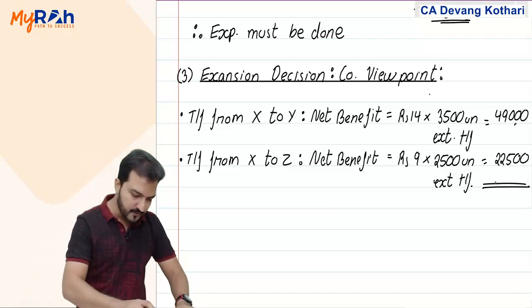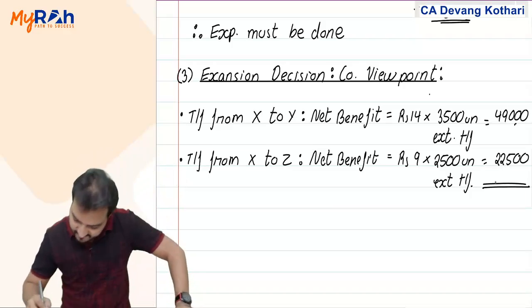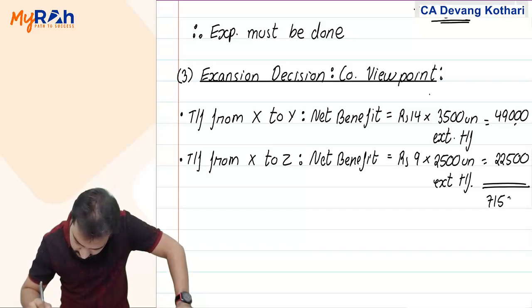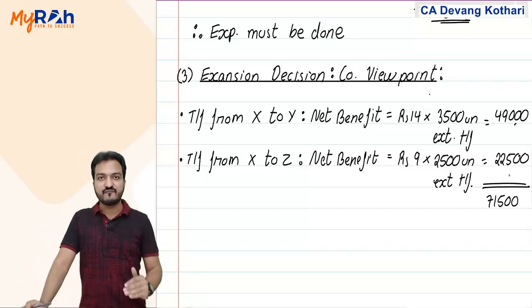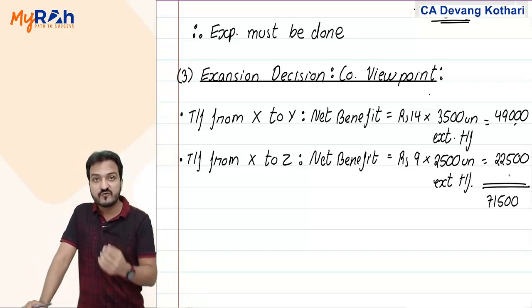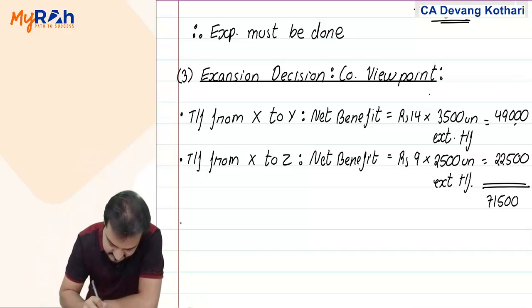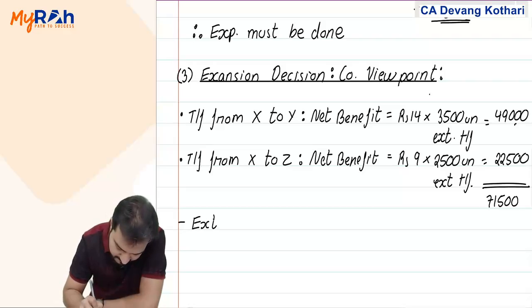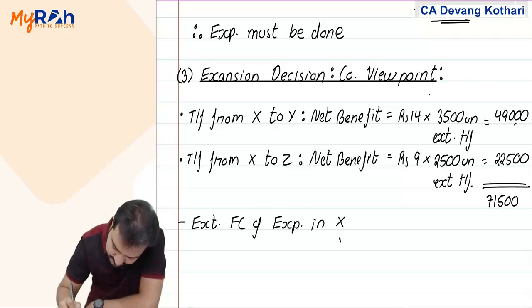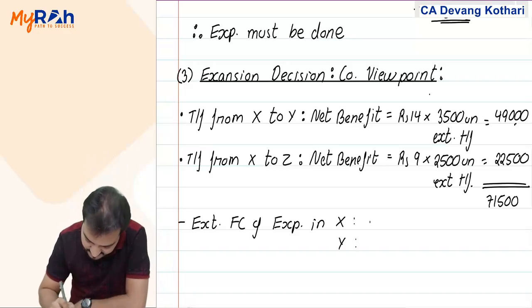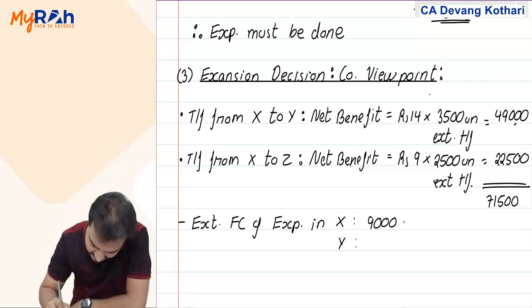Total net benefit to company is 71,500. But against that, the company will have to incur extra fixed cost of expansion in division X and division Y. Extra fixed cost of expansion in division X is 9,000 rupees 4 times, and in division Y 9,000 rupees 2 times.